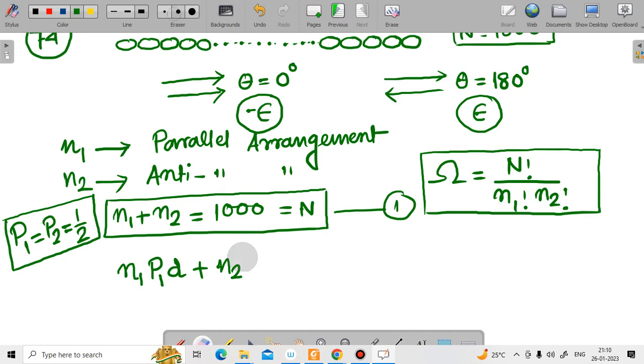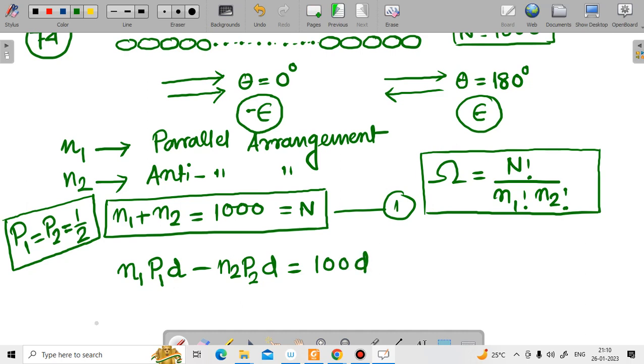No, it is not plus, it will be minus, because in the anti-parallel arrangement it will be minus d. So it will be simply minus n2 p2 d, that should be equal to 100d.